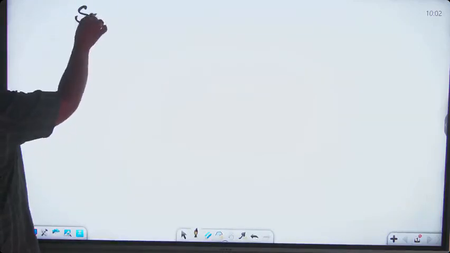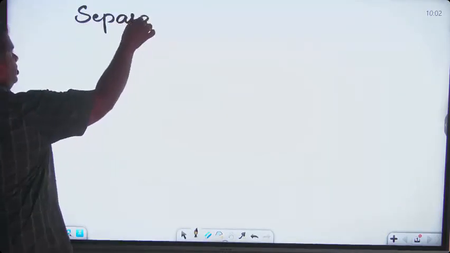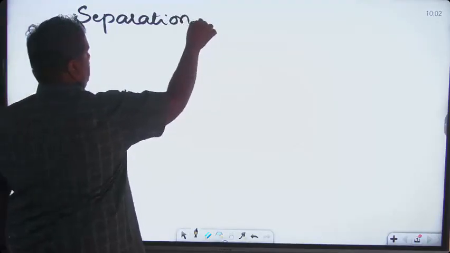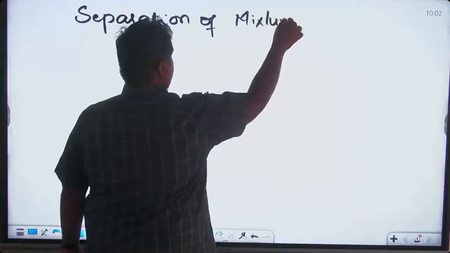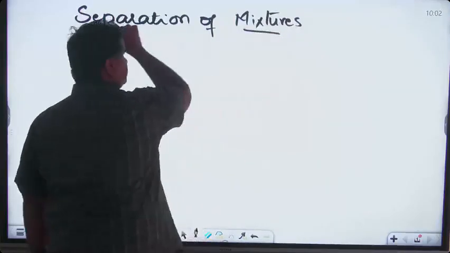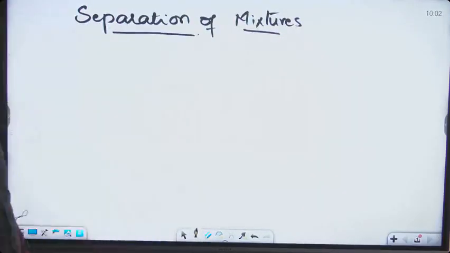Now, moving on to the next part, that is the separation of mixtures. Whether you're talking about a homogeneous or a heterogeneous mixture, what are the different ways by which these mixtures can be separated?